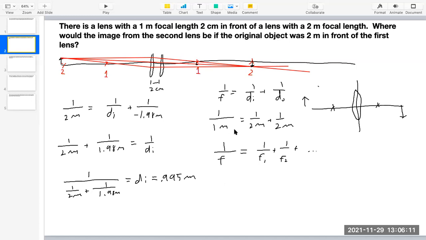So using that technique on this problem, our new focal length is going to be 1/1 meter plus 1/2 meters.